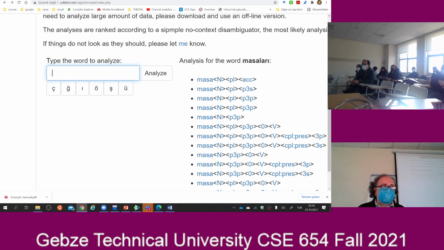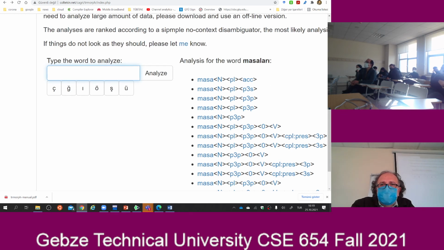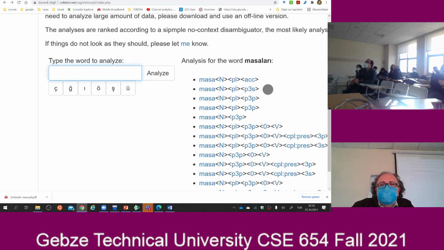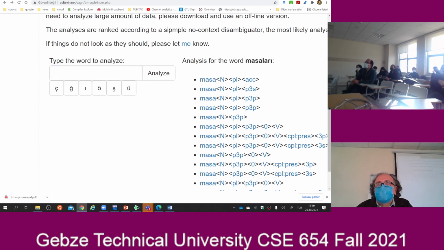In English, one of them is accusative, the other one is dative, I guess. How about this one? This is his tables. This is masa. The first one is accusative, masaları. The second one is his tables. The first one is şu masaları getir.